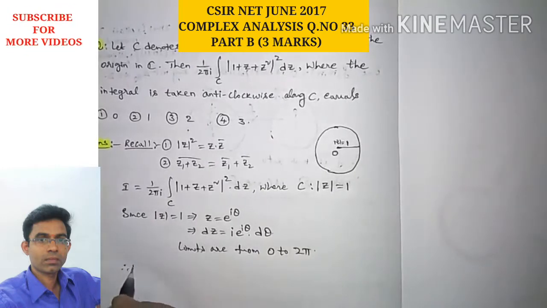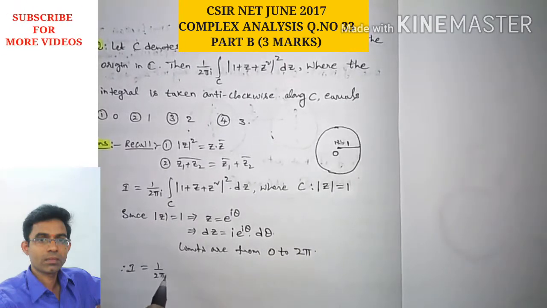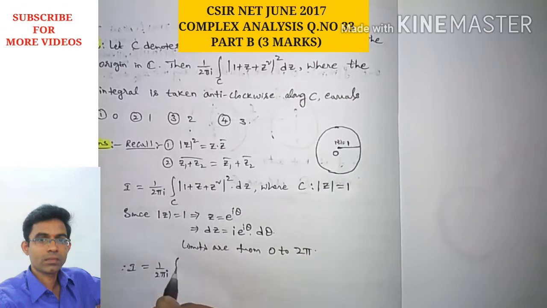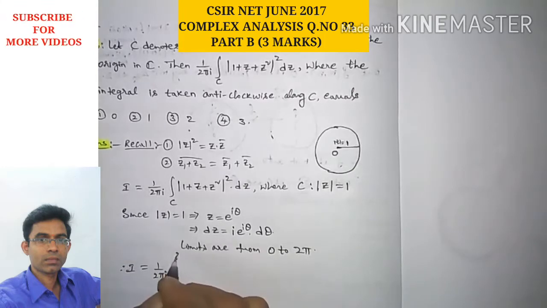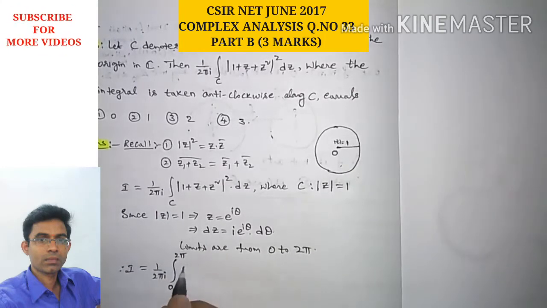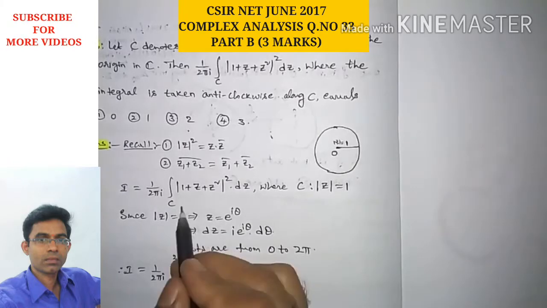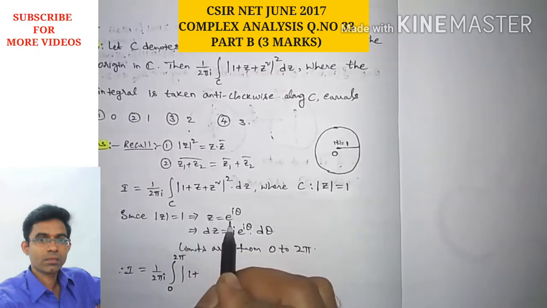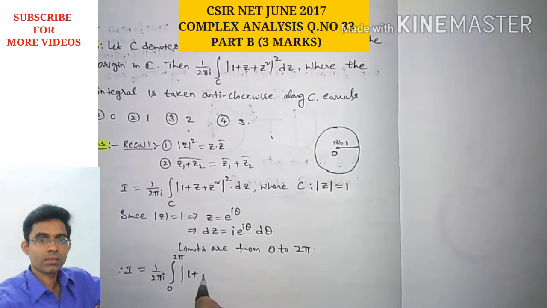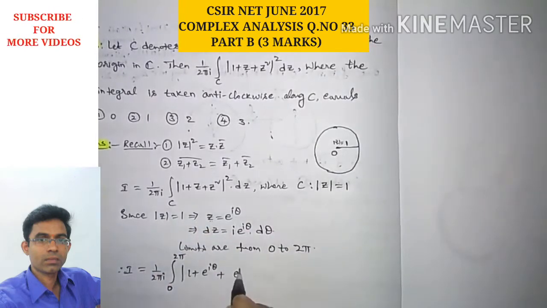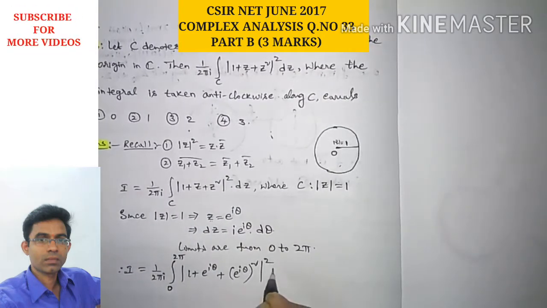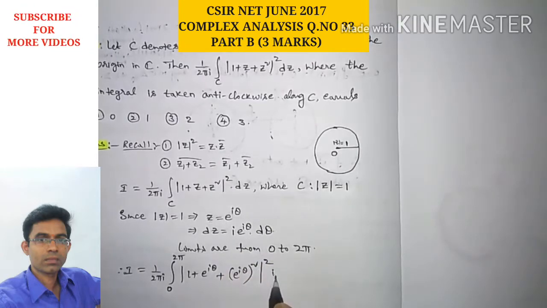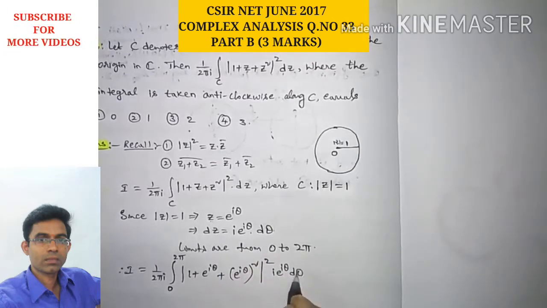Now we will substitute this in the given integration value. Therefore capital I is equal to 1 by 2 pi i into the integral from 0 to 2 pi of modulus of 1 plus z plus z square, where we replace z with e power i theta, so e power i theta plus e power i theta whole square, into dz, where dz means i e power i theta d theta.